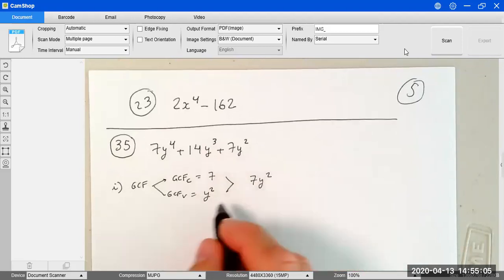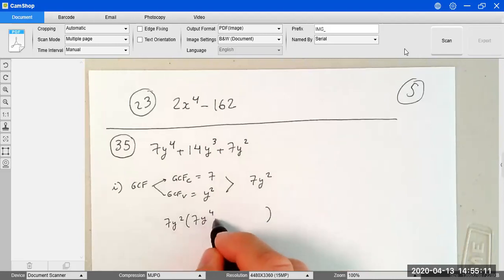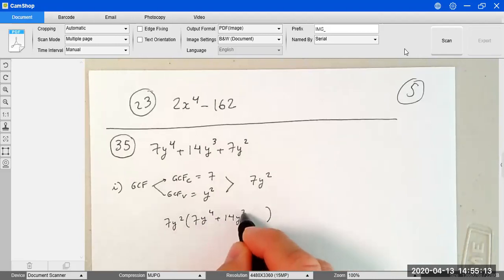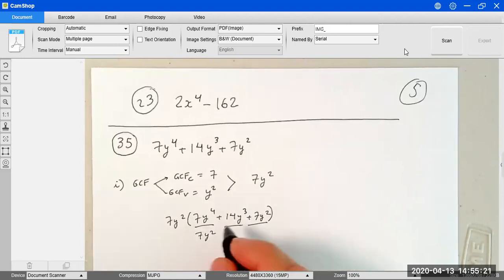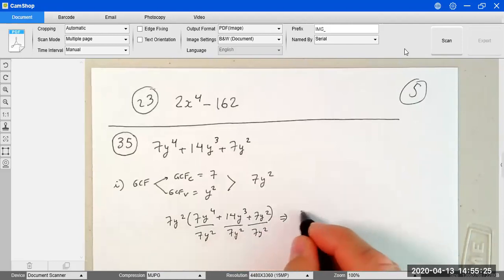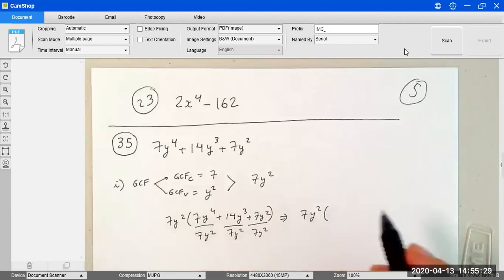So I'm going to write 7y squared outside of a big parenthesis, and inside of the parenthesis I'm going to write my original polynomial, and I'm going to divide every term of this polynomial by the greatest common factor I just found. So I'm going to get my greatest common factor outside, and then 7 over 7 is going to be 1.